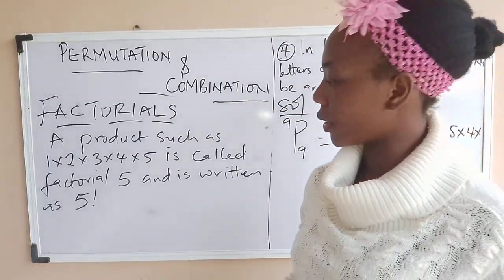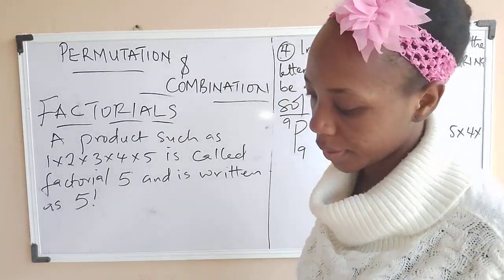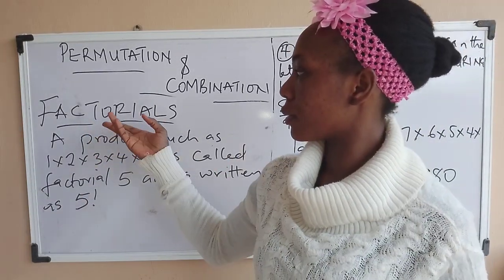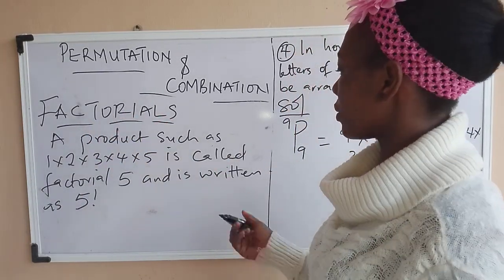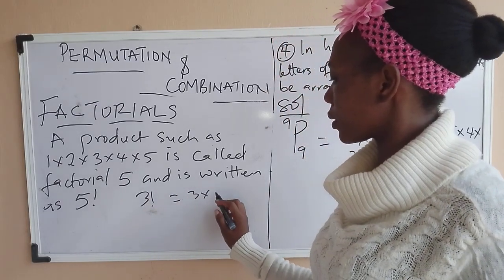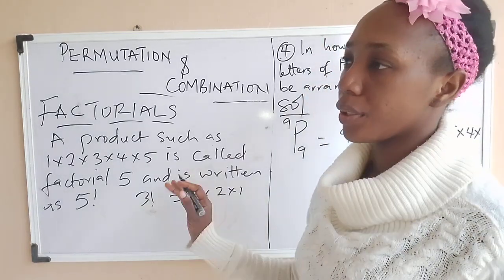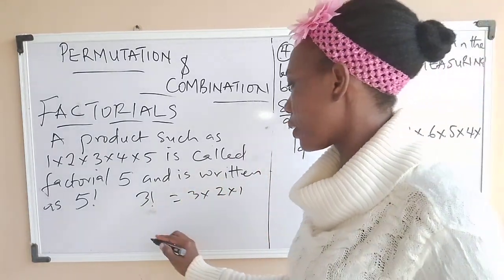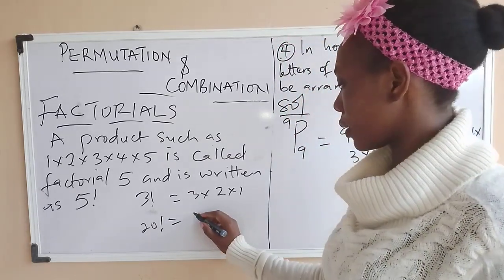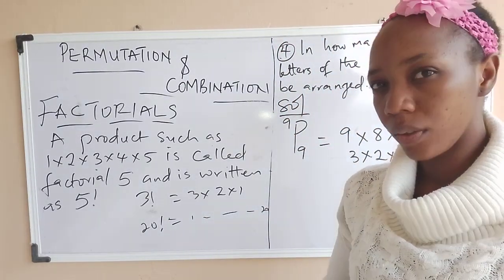So this is how we represent factorial. 5 what? Factorial. So that's all you have to know about factorials. When you have 3 factorial, it means 3 times 2 times 1. Either you write it from 1 to 3 or 3 to 1, still okay. So when you have 20 factorial, you know what that would be. 1 till 20. So that's all about factorial.